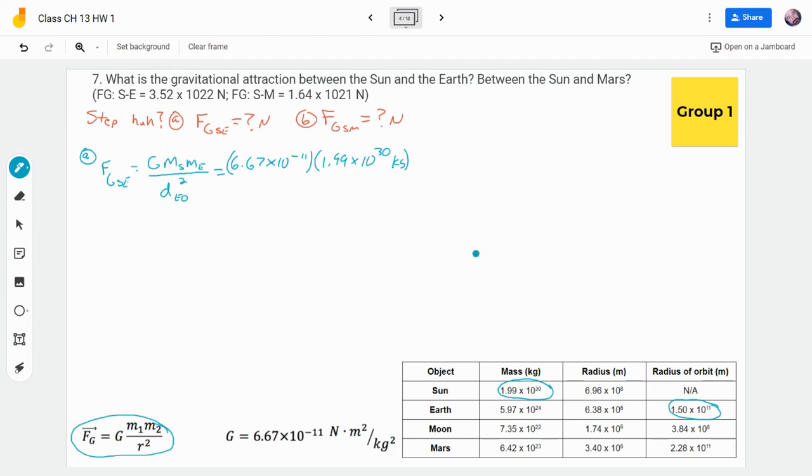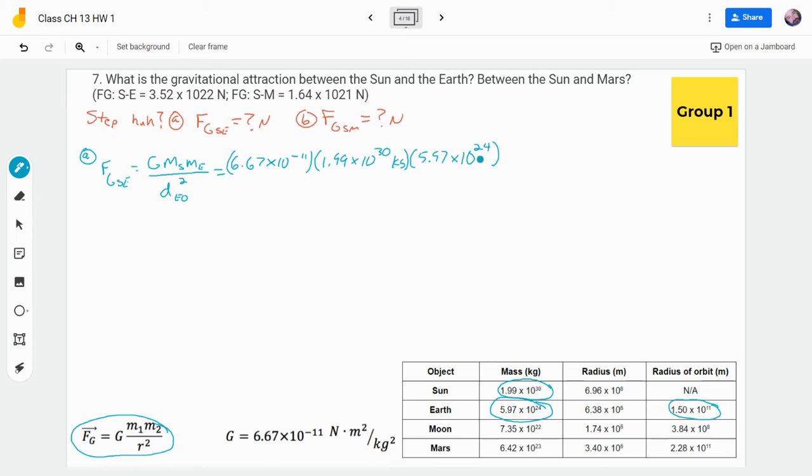Times the mass of the Earth, which is a relatively tiny 5.97 times 10 to the 24th. Well, 5.97 is bigger than 1.99, but times 10 to the 24th is a millionth the size of times 10 to the 30th.